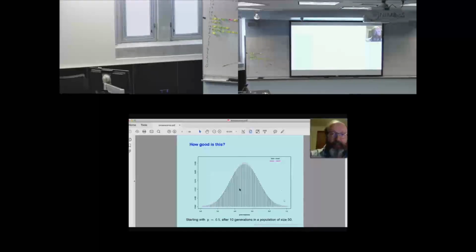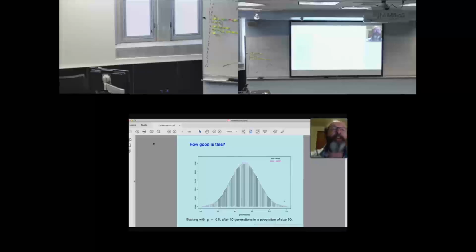And if you look closely, you'll see there's a tiny little bit of piling up at 0 and 1 under this genetic drift. But if you approximate it by a normal distribution, which would be the black histogram, the purple circles are the exact calculation for genetic drift. You see that it's doing a pretty good job, and you might say, okay, Brownian motion will work as a model of this.